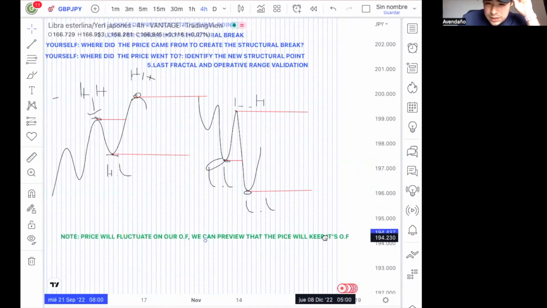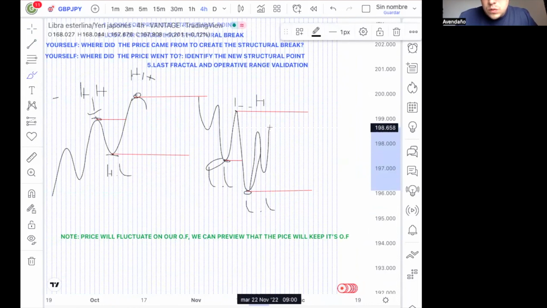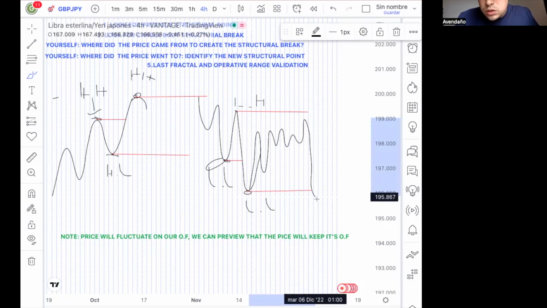The price will every time fluctuate in our operative range. This means it will be moving in this operative range, and if it moves in our operative range, we may preview that it will keep its order flow.